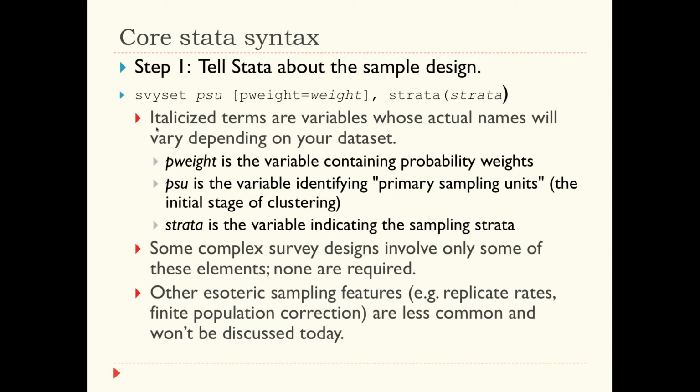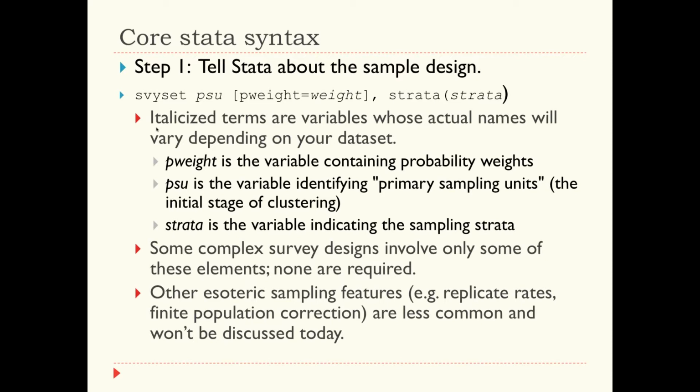Okay, so the nice thing about Stata is you can tell Stata the features of your data set's sampling design one time by using this procedure called svyset. And then whenever you want to apply that sampling design to adjusting any analysis, you just use the prefix svy: and then whatever command you want to do, regress Y on X, or whatever.